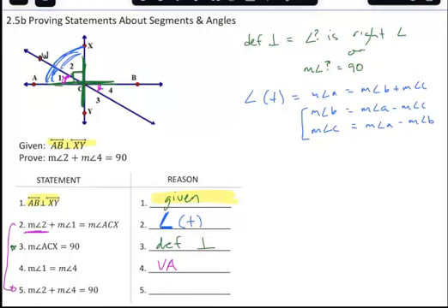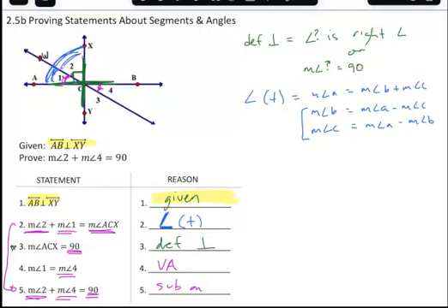Angle 2 stays where it is. Angle 1, which we see is equivalent to angle 4, so we can substitute that in. And then angle ACX we see is equal to 90 degrees, so we can substitute that in. All we're doing in statement 5 is taking the structure of statement 2 and replacing 2 things with their equivalents. And when you replace something with its equivalent, it's substitution.